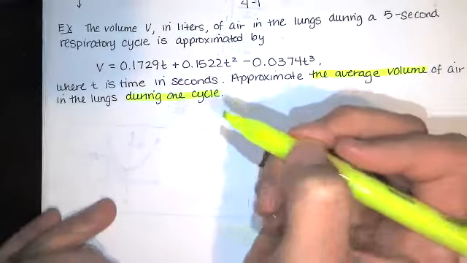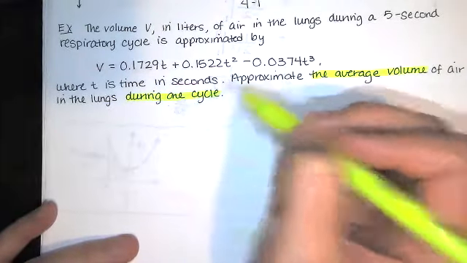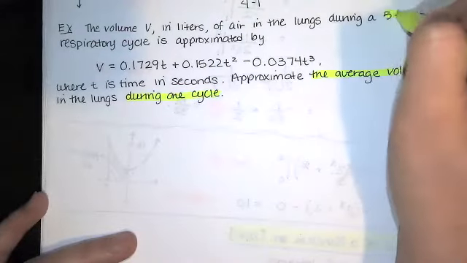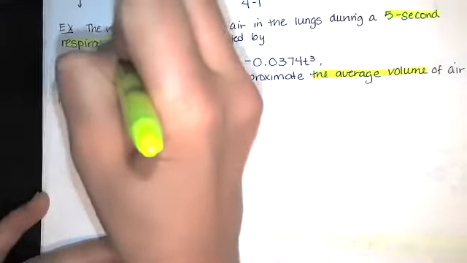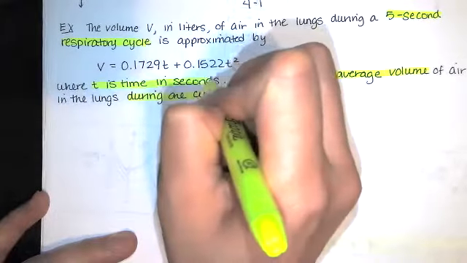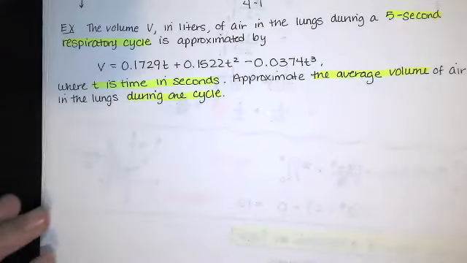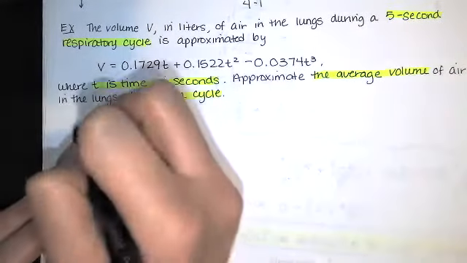So I need to think, what is 1 cycle? From t equals what to t equals what? Well, they told us that we have a 5-second respiratory cycle, and t is time in seconds. So that tells me I should be integrating this function from 0 to 5. That's 1 cycle.